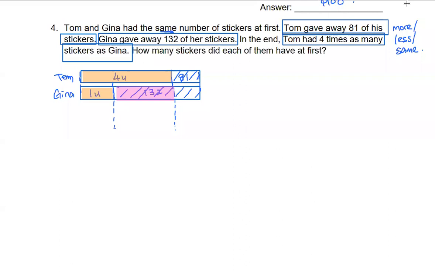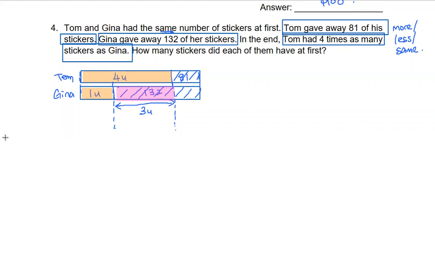Yeah, the pink color part would be 3 units, right? This middle portion would be 3 units. Do you agree?